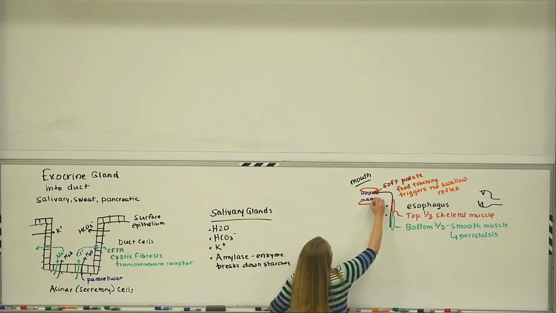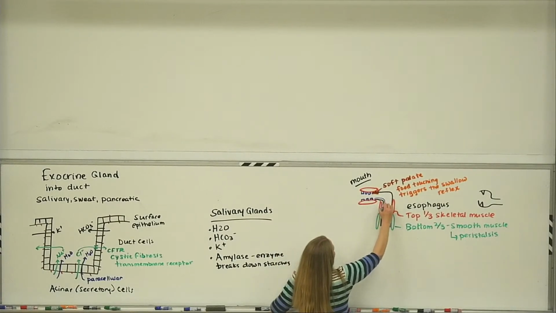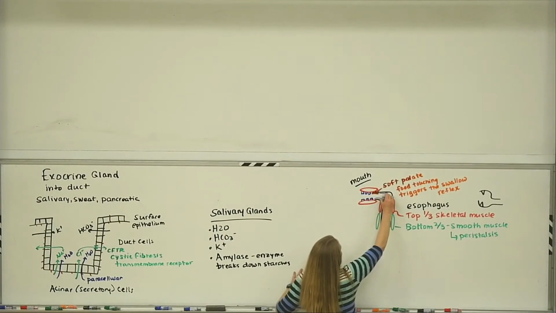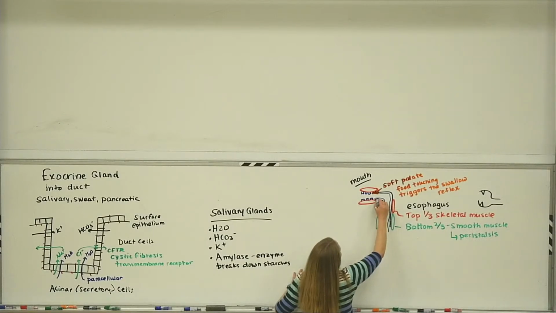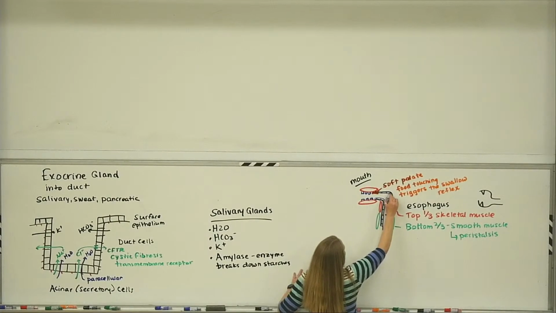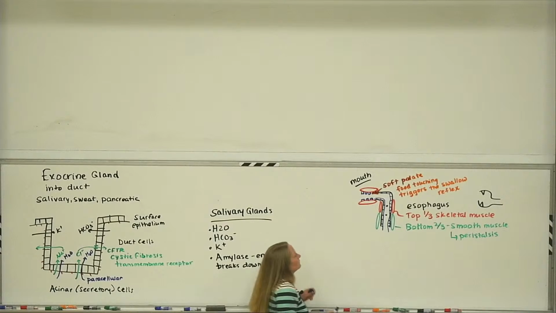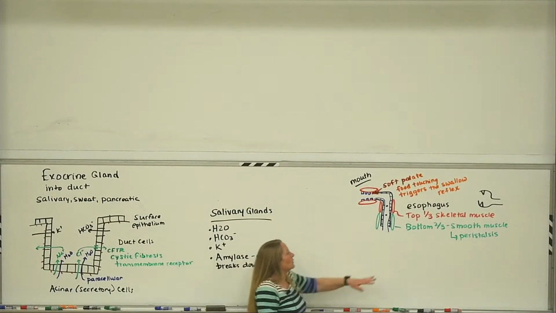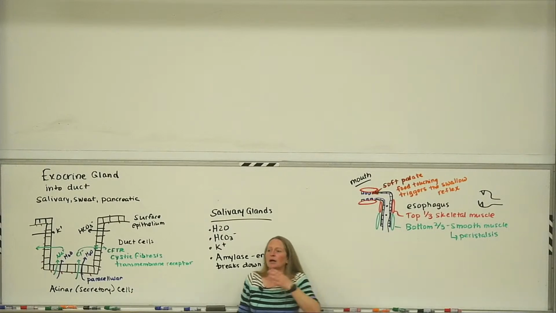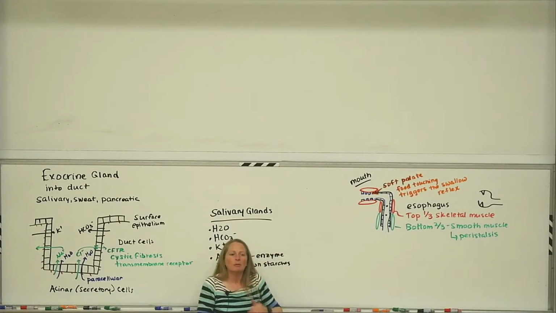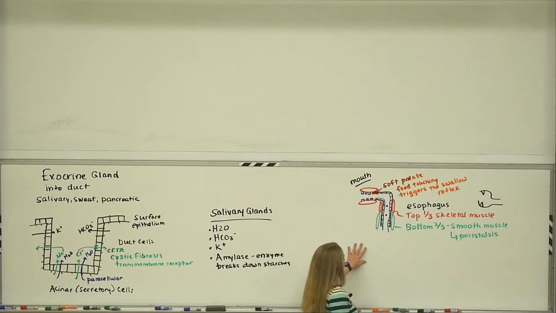So we've got this continuous layer of epithelium running through our entire GI tract. So that's esophagus. That's really all we're going to say about it. It's just a motility thing. And just recognize that you have some conscious control in the top portion, but below that, smooth muscle.